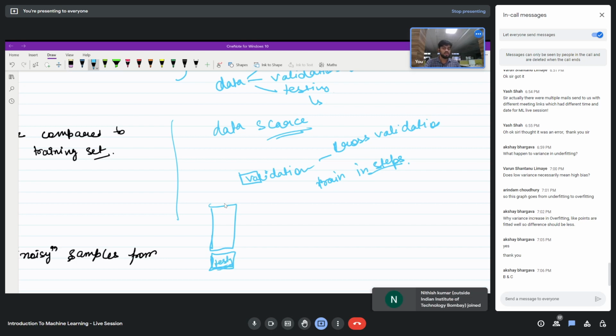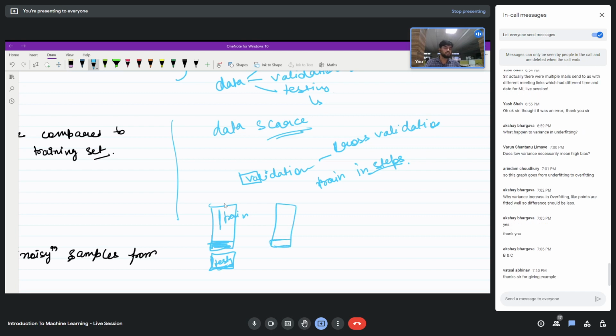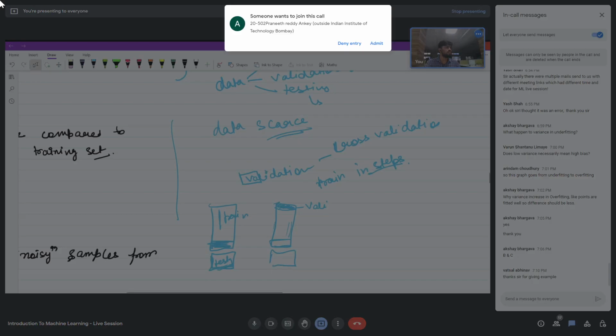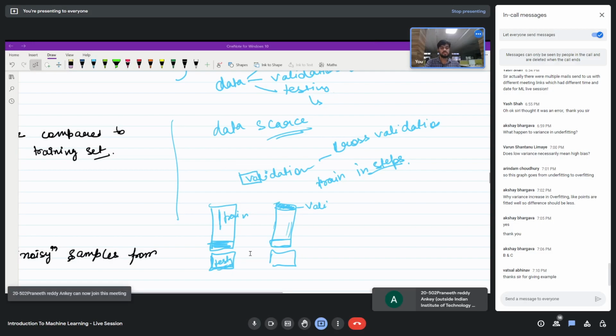This is your validation set, and you train on this much portion. Next time when you train, you include this validation set in your training set. Rather, this time you choose another small set of data points for validation, and you train on the rest of these points. This test would remain as it is.